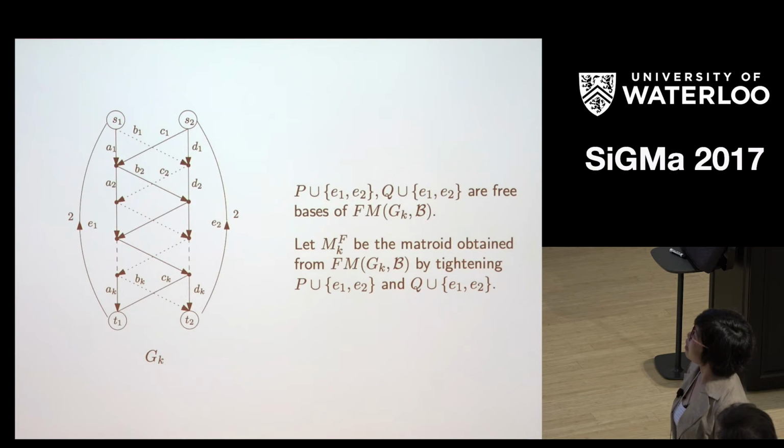We denote this by M_K. Tightening means we change the two free bases to make them become a circuit. So this is just the opposite operation of relaxation.